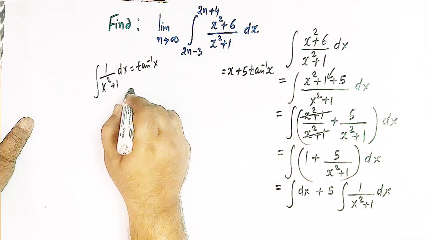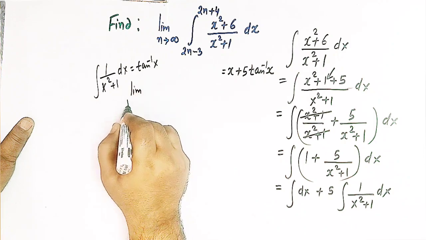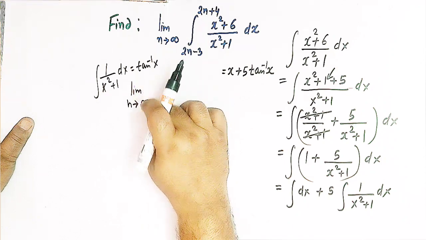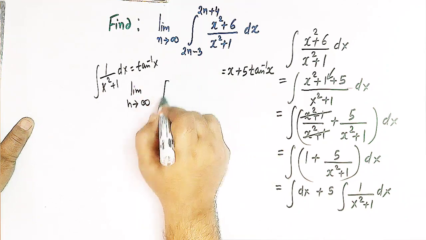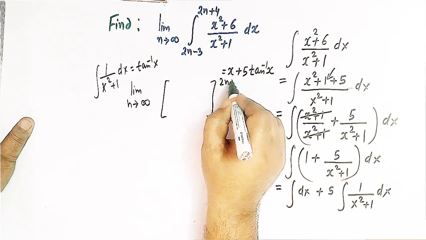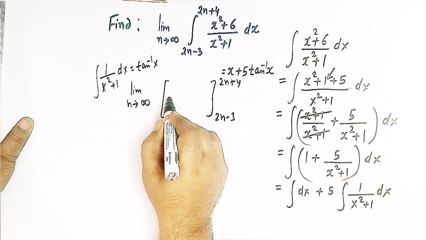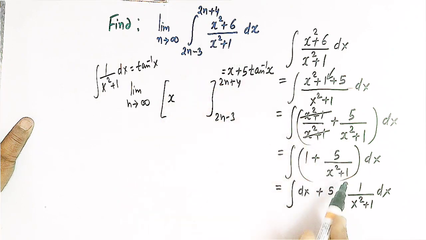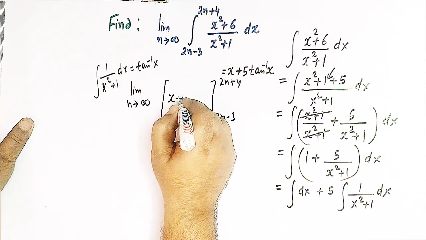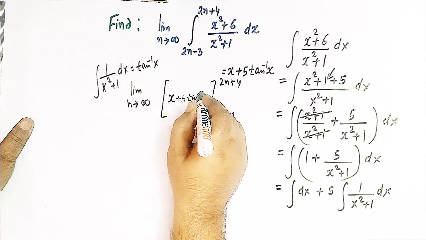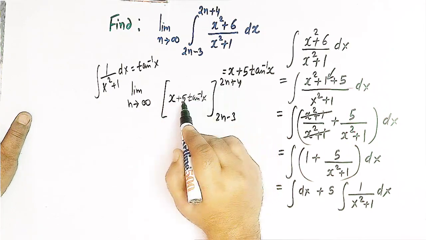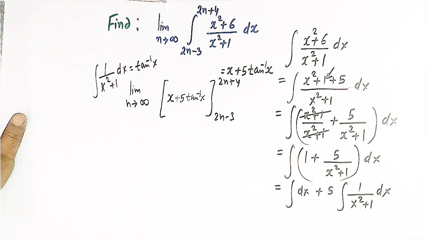Now let us substitute this value over here. This expression now reads as limit n tends to infinity, with limits 2n minus 3 to 2n plus 4, of x plus 5 times tan inverse of x. Now we'll substitute the limits and take the difference.